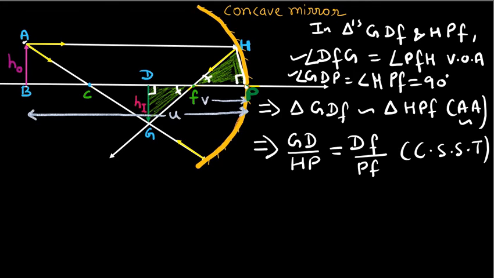From the diagram, we understand that GD is the height of the image. For HP, consider the quadrilateral AHPB, which is a rectangle. And in the case of a rectangle, opposite sides are equal. So AB is equal to HP. Since AB is h subscript O, HP is also h subscript O, that is the height of the object.